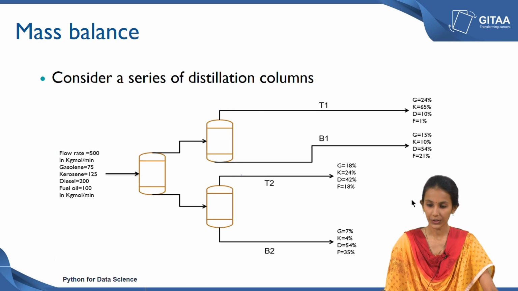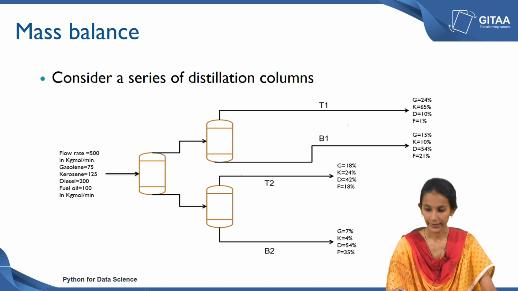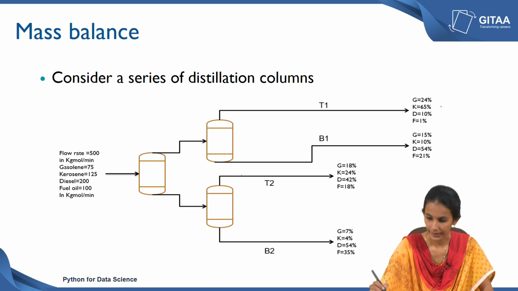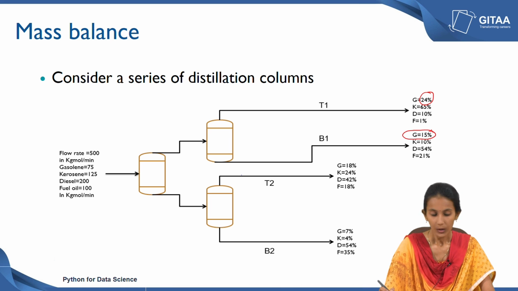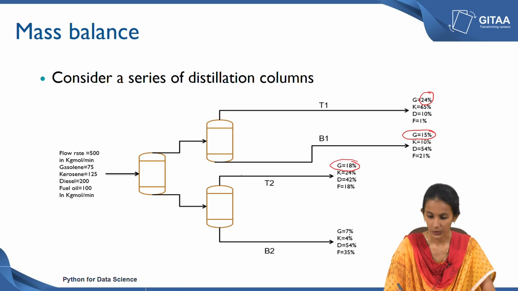The first equation is written as follows. For the top product T1, gasoline is 24 percent, and for the bottom product B1, we have 15 percent gasoline. For the top product T2, gasoline is 18 percent, and for the bottom product B2, gasoline is 7 percent.